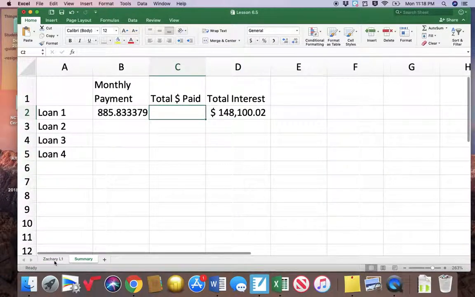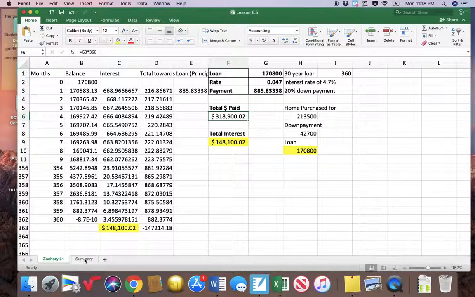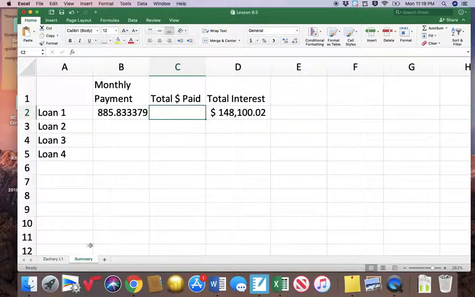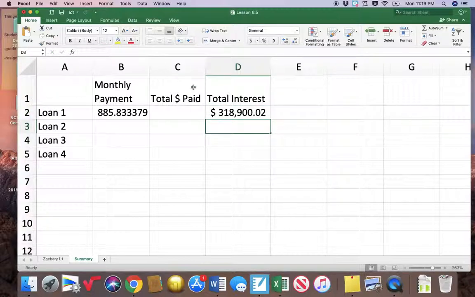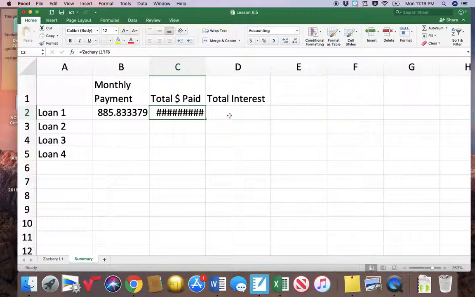It's just because it's popping up. Let's do this. Equals, copy this. Let's put it in here. Make it F6. I don't want that there. I want it here.